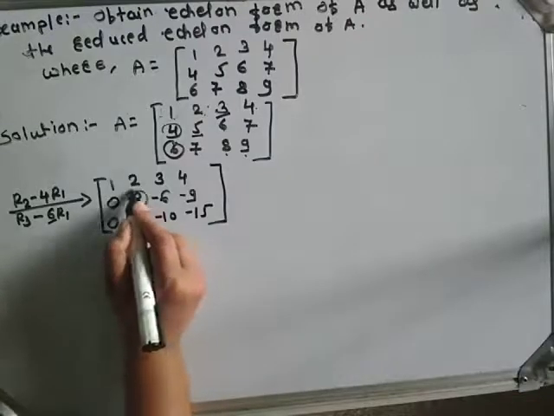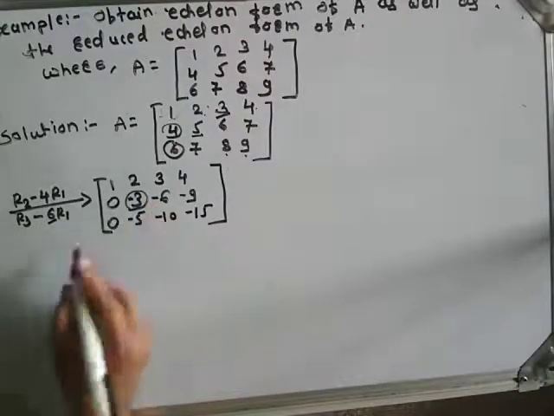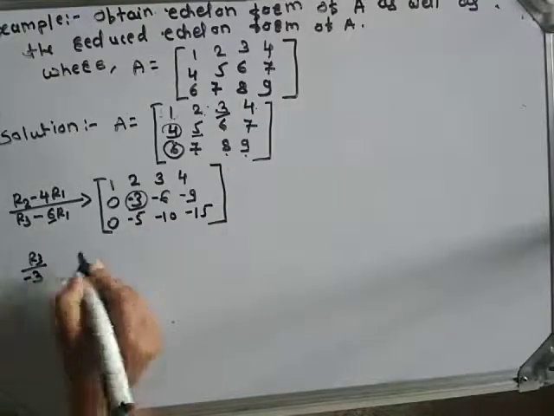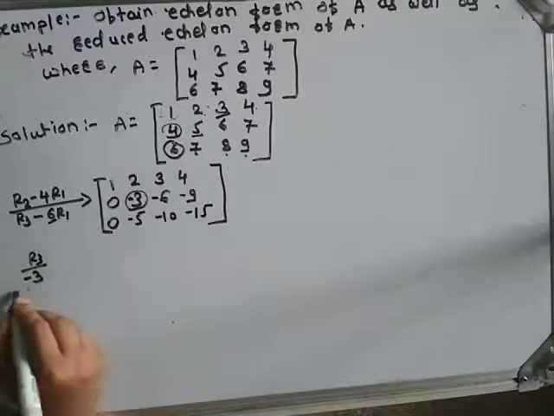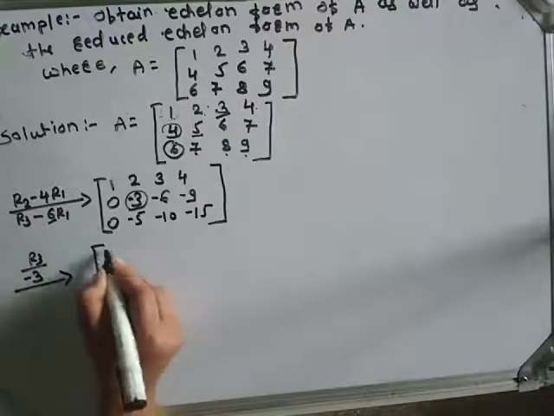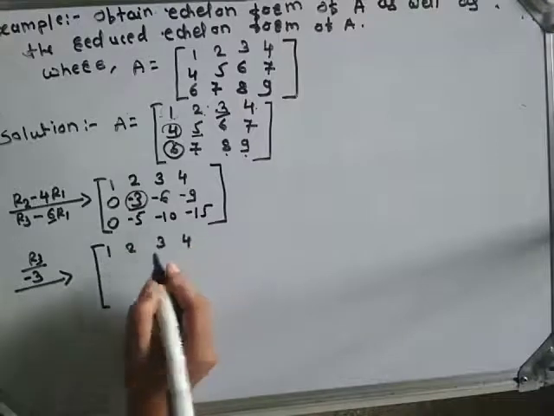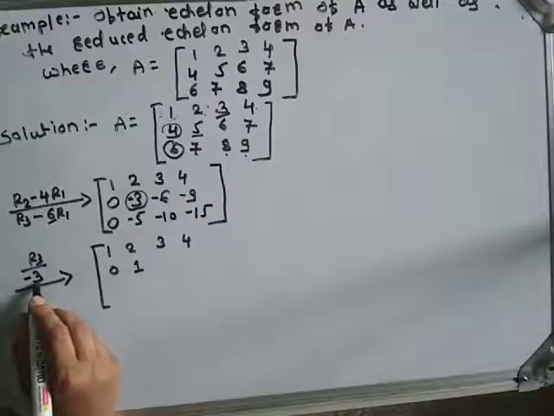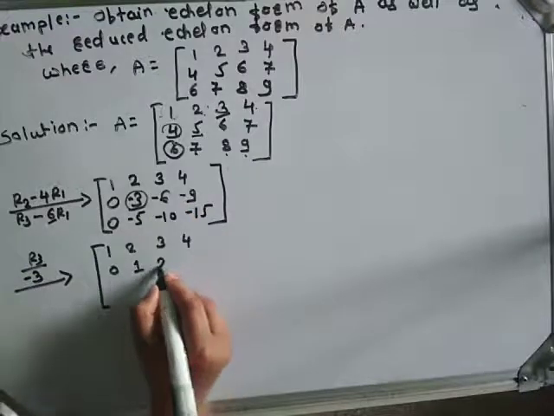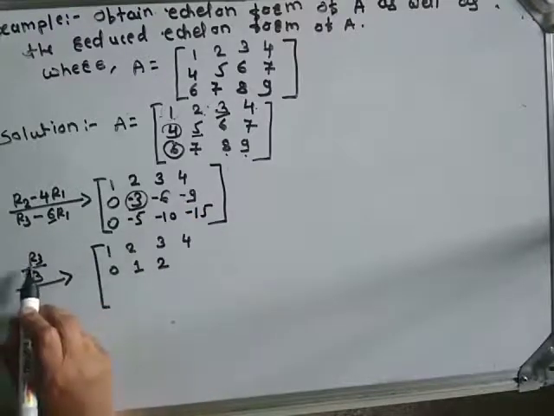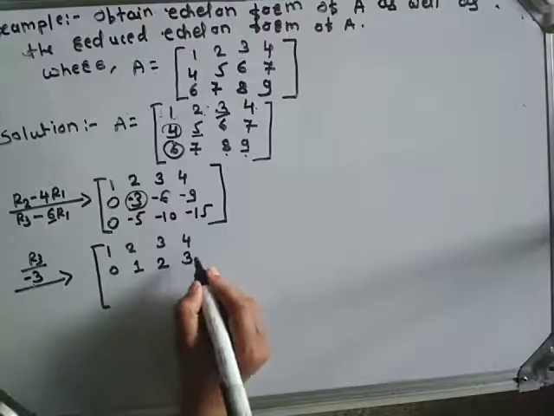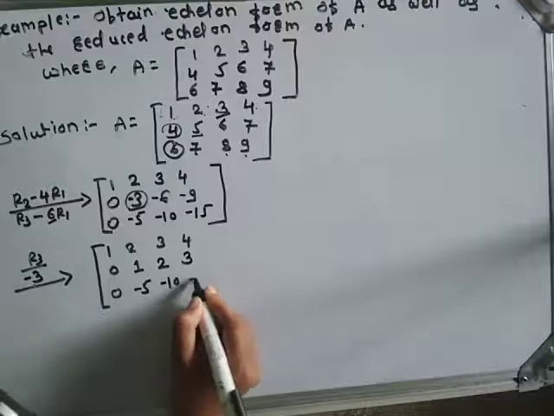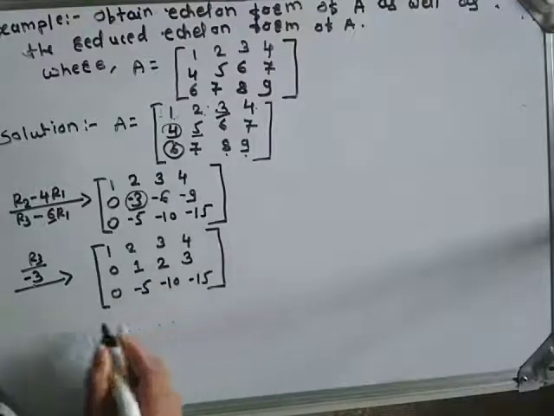Here we require 1. Therefore, we perform a row operation R2 upon minus 3. 1, 2, 3, 4, 0, 1. Minus 6 upon minus 3 means 2. Minus 9 upon minus 3, 3. 0, minus 5, minus 10, minus 15.